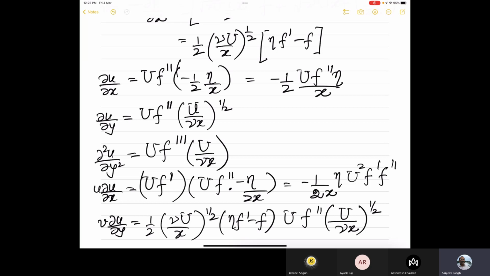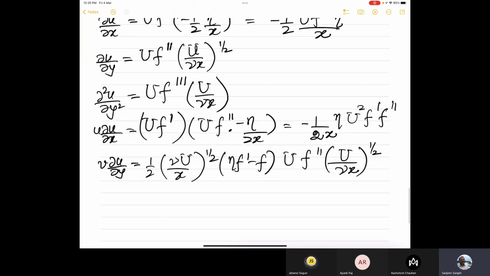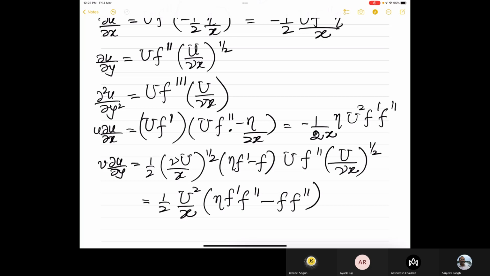So this is v du by dy. And so when I simplify, this becomes equal to half u square upon x times eta f prime f double prime minus f double prime.